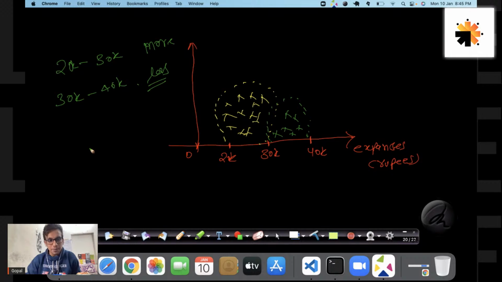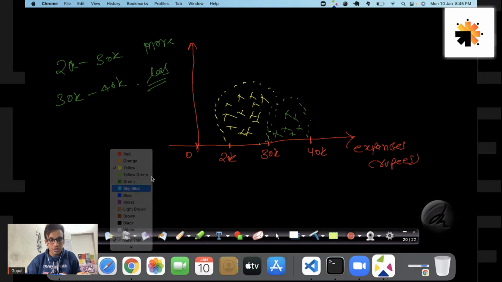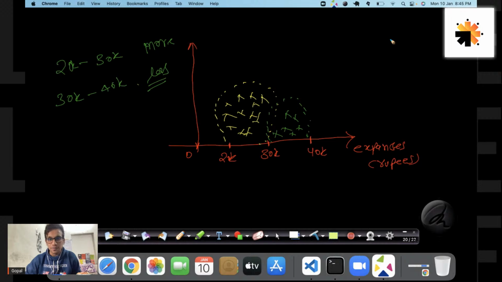Now what happens one day all of a sudden? Someone makes a purchase somewhere around here, and this one exceeds 1 lakh. I think you may have even noticed that whenever this happens, your credit card gets blocked automatically by your bank.